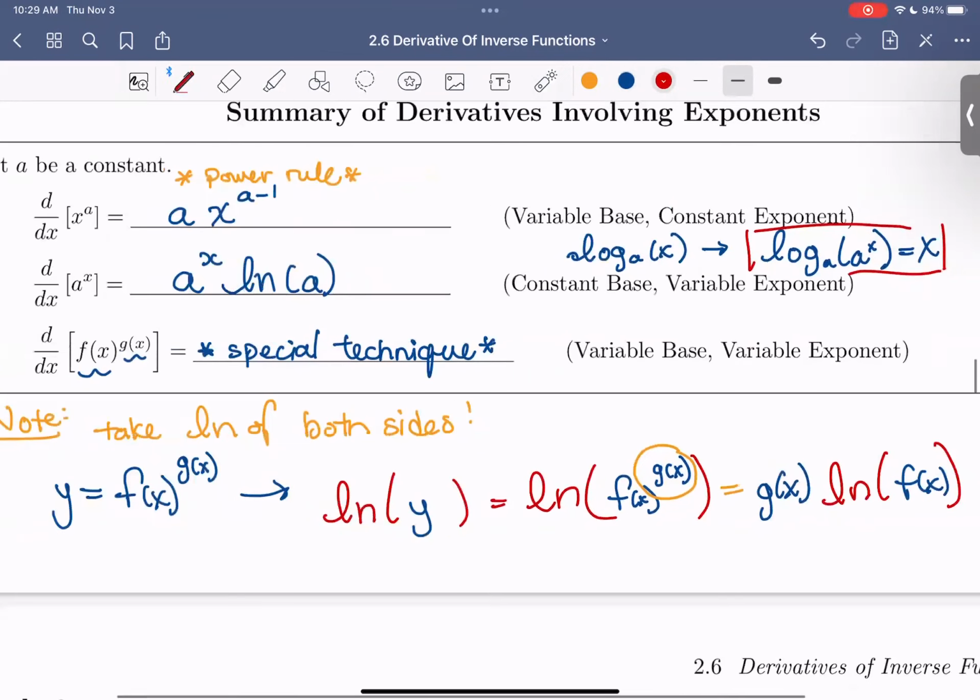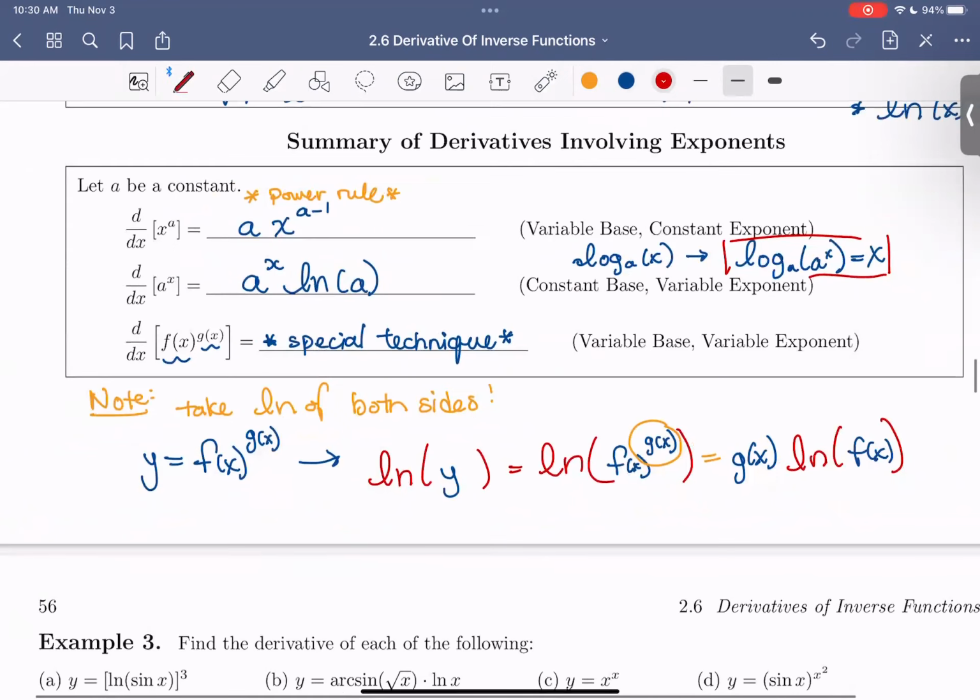And so now from here, we have ln of y equals g times ln of f, and we take the derivative with respect to x of both sides.